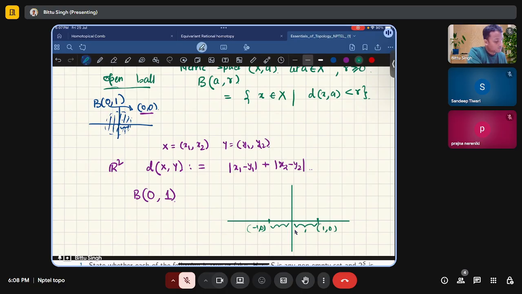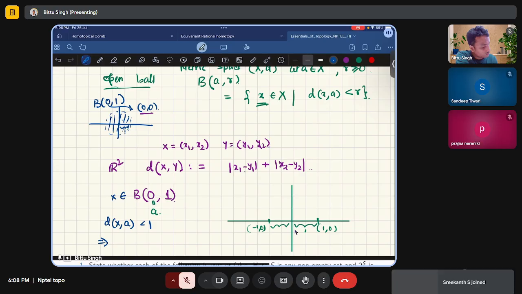Suppose this is our a, and now we want to find those x. So x belongs to B of 0 comma 1. That implies d of x comma a, the origin, should be less than 1, if and only if by definition.